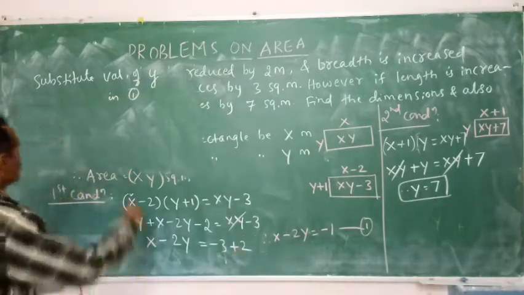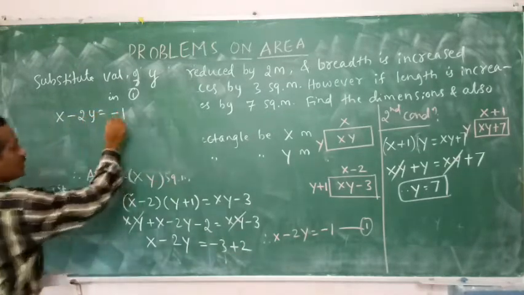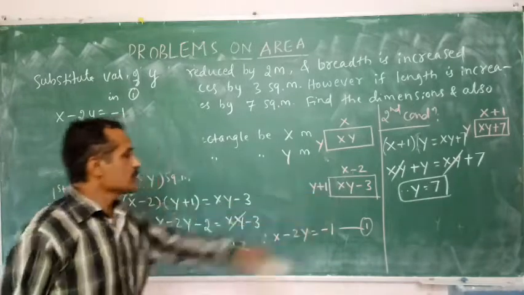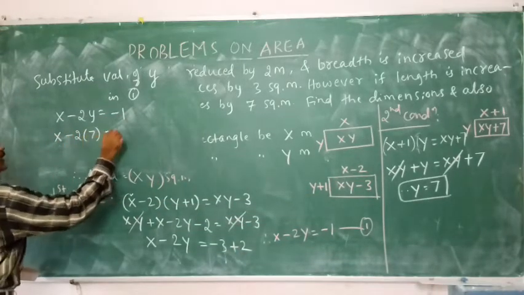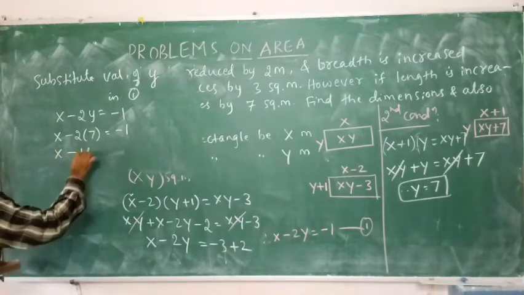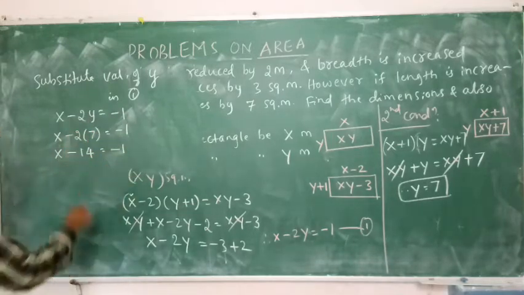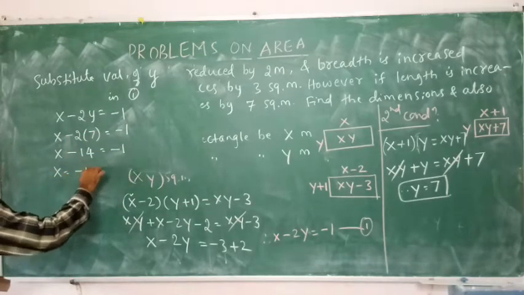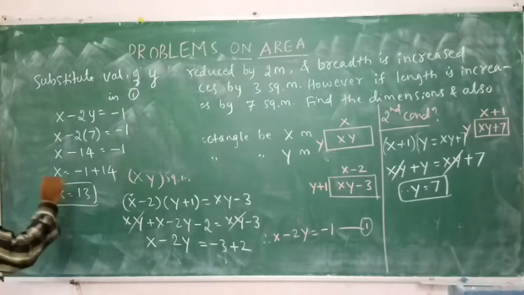What is equation 1? x minus 2y is equal to minus 1. Value of y is equal to 7. x minus 2 into 7 is equal to minus 1. x minus 14 is equal to minus 1. It can be taken to RHS. x is equal to minus 1 plus 14. x is equal to 13.